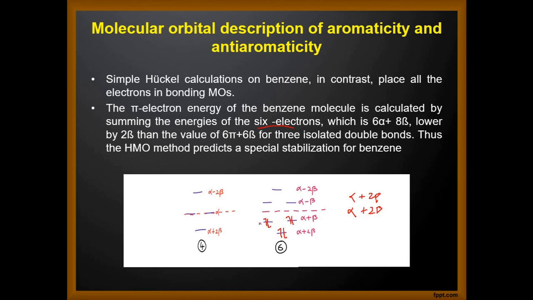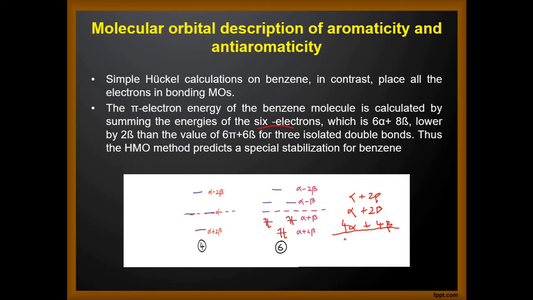This is 4 alpha plus 4 beta, because each electron contributes alpha plus beta, therefore 4 electrons, 4 alpha plus 4 beta.